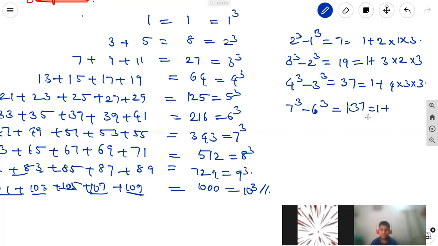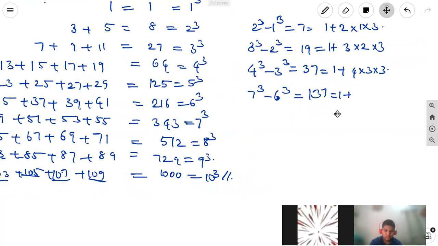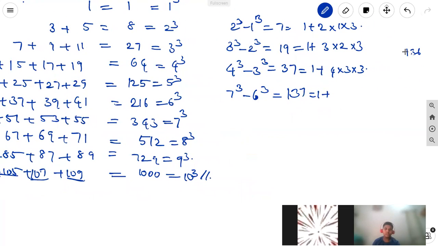That is equal to 1 plus 126. 126 can be written as 2 into 3 into 3 into 7.